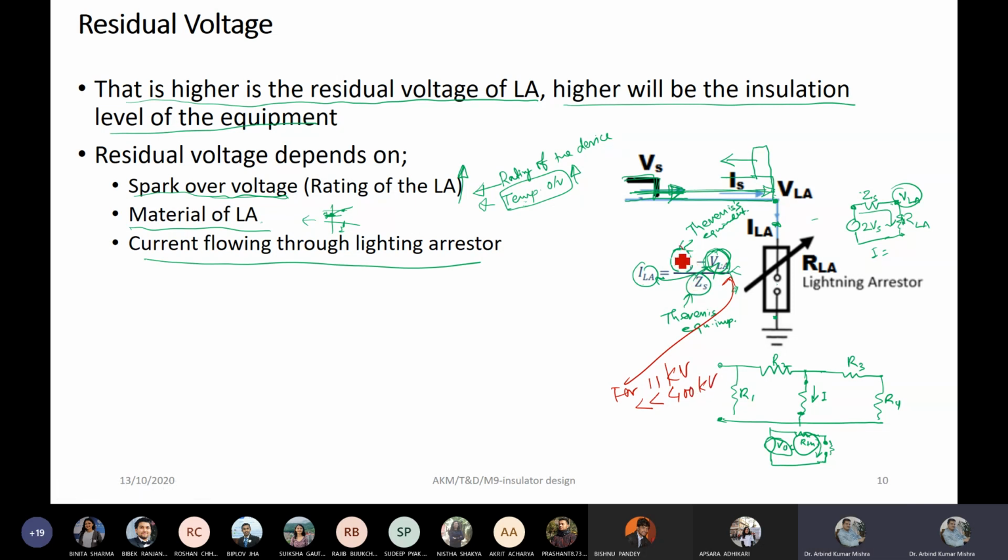But these two quantities are independent of the system voltage, because how much lightning current will flow, this Vs in fact is the multiple of the lightning current and the surge impedance, and it is beyond the control.